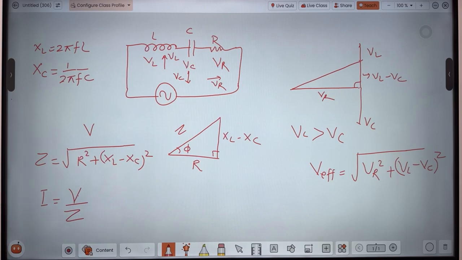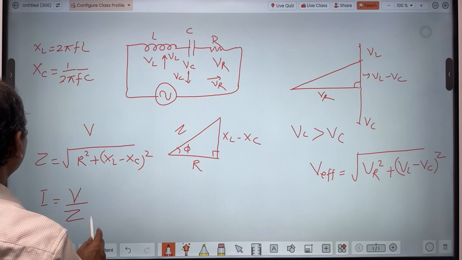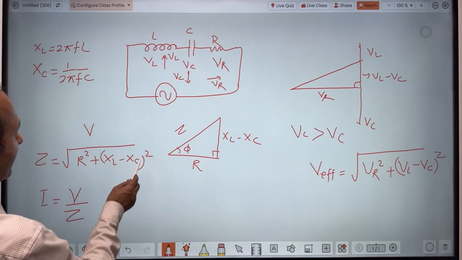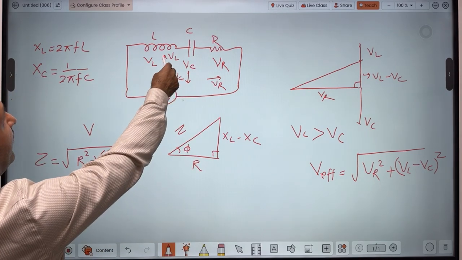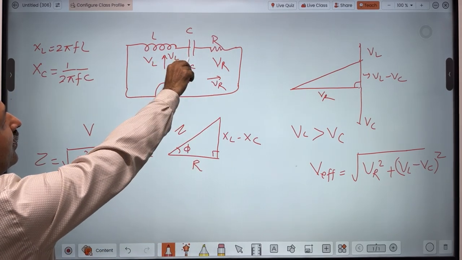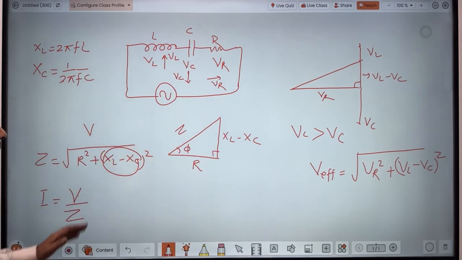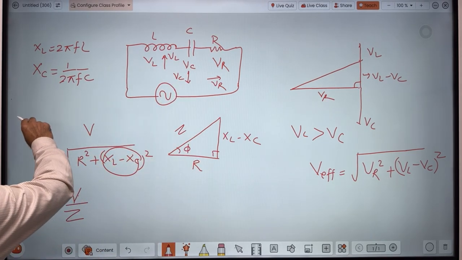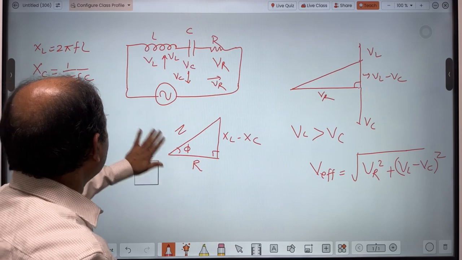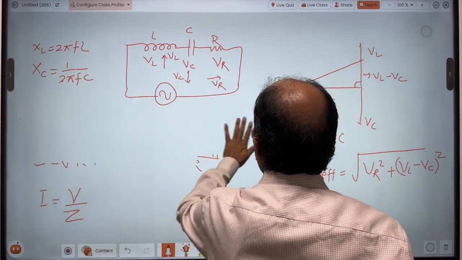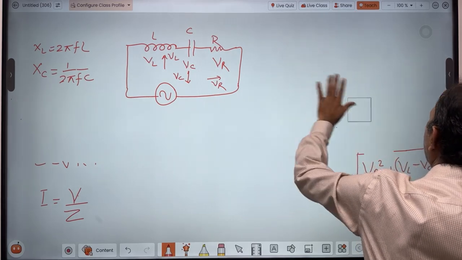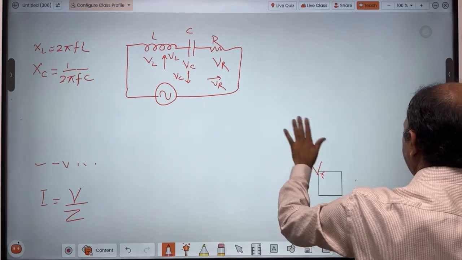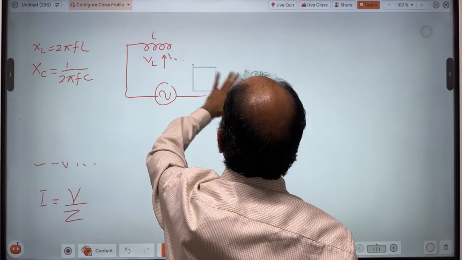Now there will be one condition that is called resonance condition, and in case of resonance condition, what happens? This term becomes zero. That is, you can say voltage across L is equal and opposite to voltage across C. In that case, XL minus XC becomes zero. So if XL minus XC becomes zero, then what do we get? We will get frequency corresponding to resonance, right? So let's see what it is.